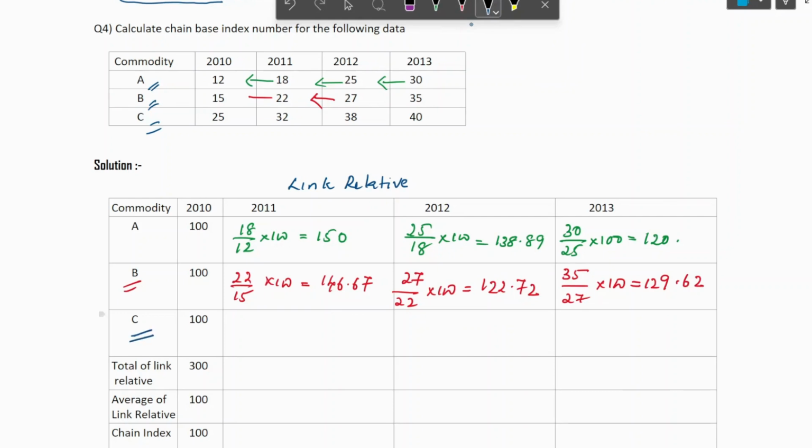Now the link relative of C. Current year price, that is 32, because you are calculating for 2011. That is 32 divided by 25 into 100. Here 38 divided by 32 into 100. Last, 40 divided by 38 into 100.